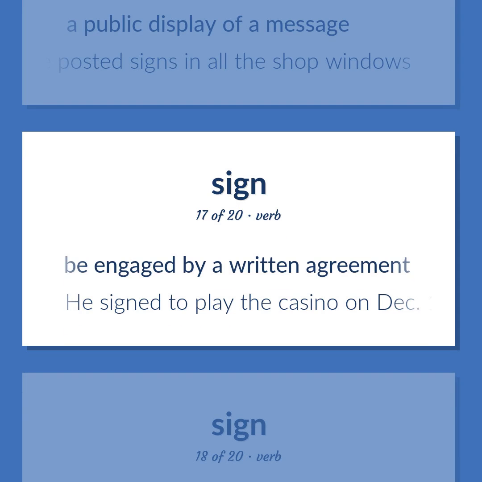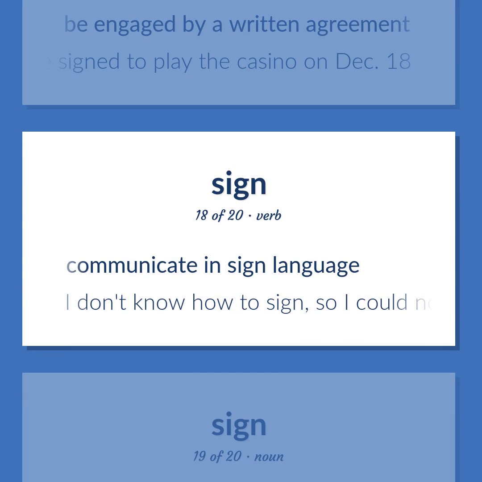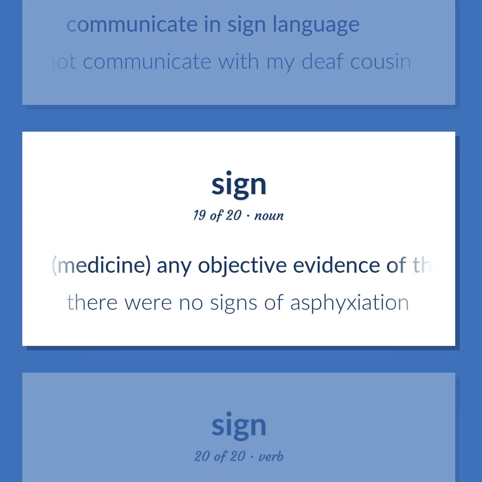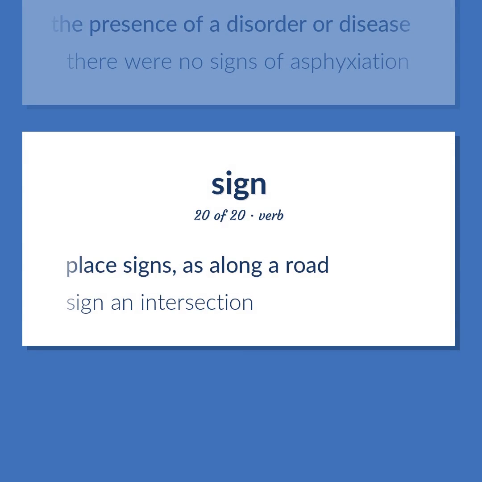He signed to play the casino on December 18th. Communicate in sign language. I don't know how to sign, so I could not communicate with my deaf cousin. Medicine. Any objective evidence of the presence of a disorder or disease. There were no signs of asphyxiation. Place signs, as along a road.